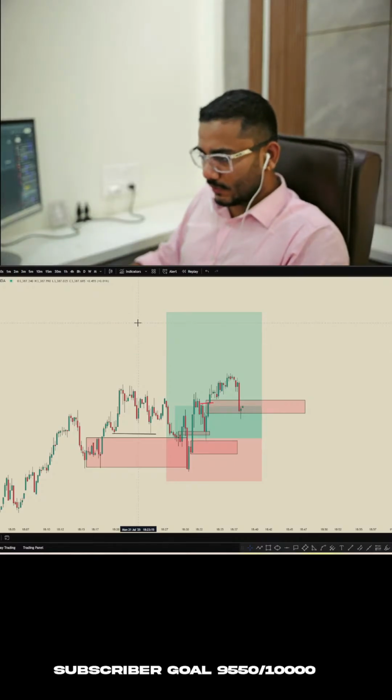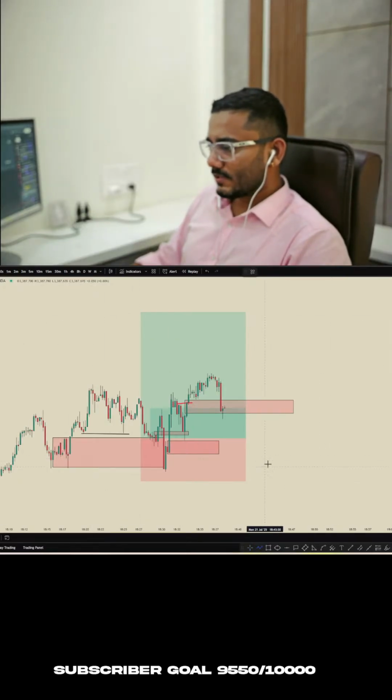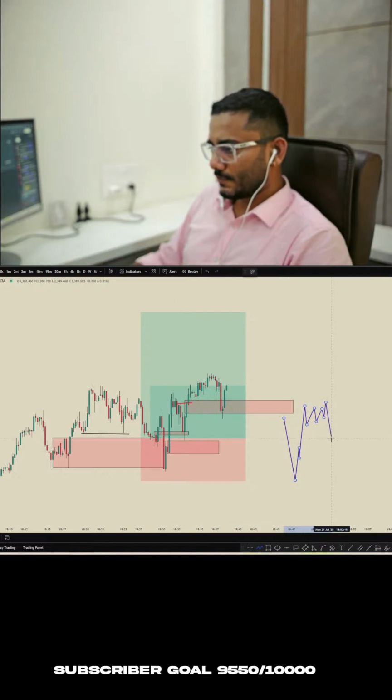Until and unless price does like this, for example, here, okay, imagine this is our low. Price sweeps out the liquidity. It created this block, created new high, created liquidity, and again this candle directly went to the downside and broke the structure to the upside and created more liquidity.